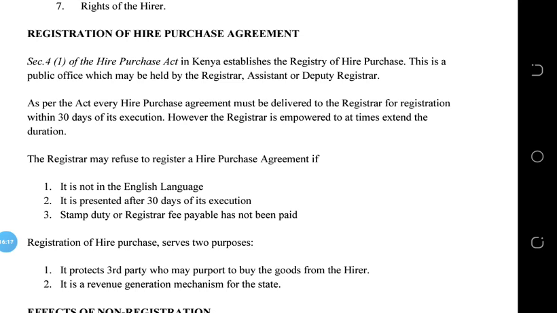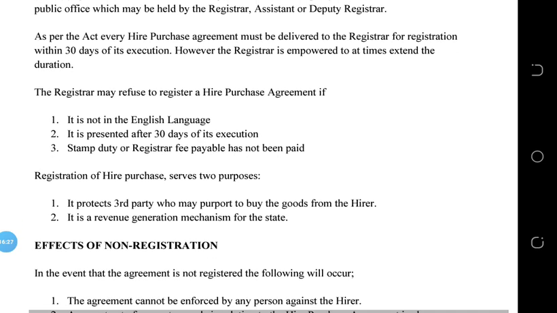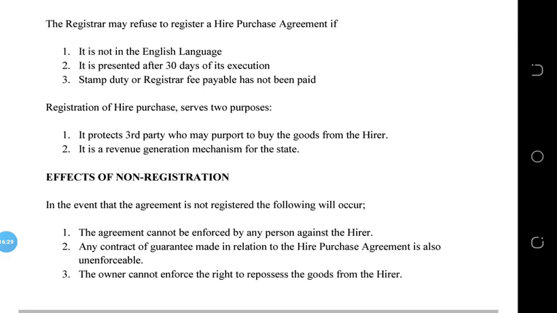So the registrar may refuse to register a hire purchase agreement if, so the examiner may ask you, under what circumstances will the registrar of hire purchase refuse to register a hire purchase agreement? These are the conditions under which the registrar may fail to register a hire purchase agreement.